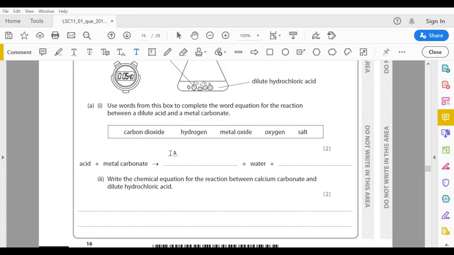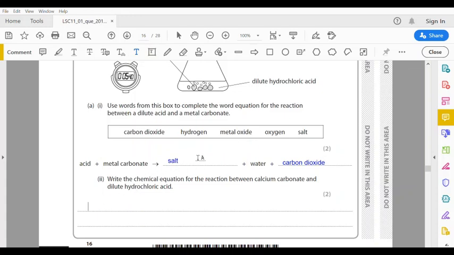So once acid reacts with metal carbonate, it will form the salt, water and carbon dioxide, because it's metal carbonate.